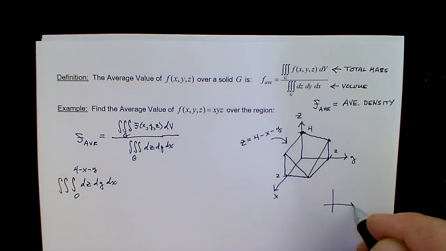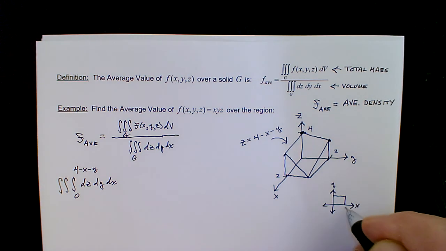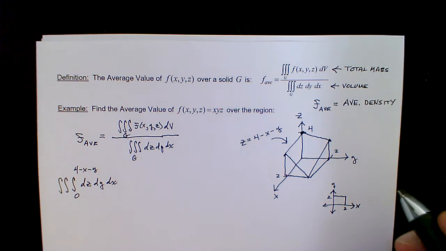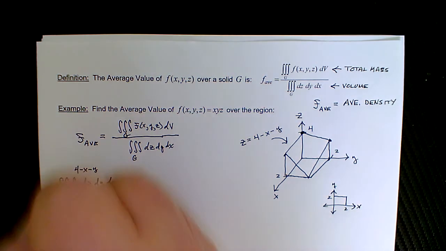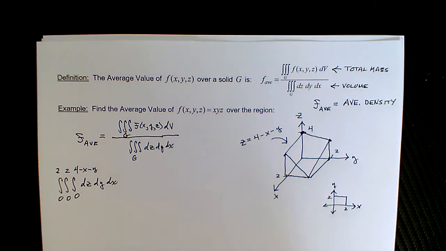Really not necessary because you couldn't get any simpler than a 2 by 2 rectangular region. So therefore x and y both going from 0 to 2.